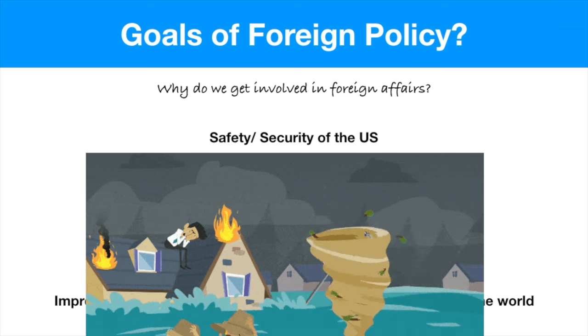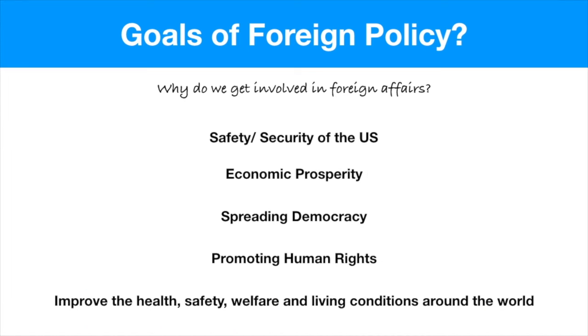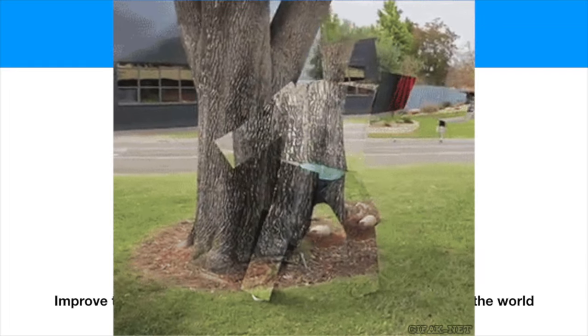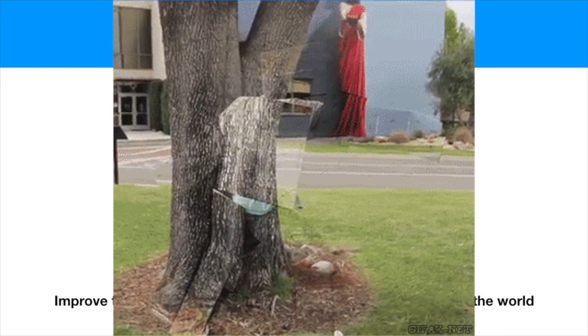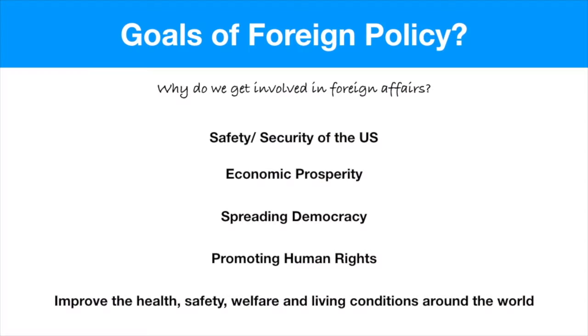How can this happen? Well, let's say there's a country somewhere in the world that is allowing terrorists to hide out in their nation. They're okay with these people living in their country as long as they don't threaten their government and their nation. And they're allowing them to plan and prepare attacks against other nations, and they're like, that's fine, we don't care as long as it's not us.